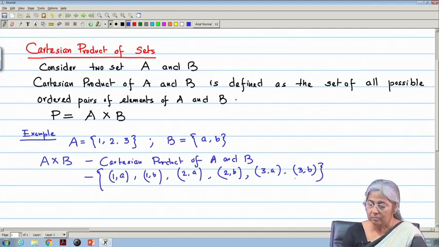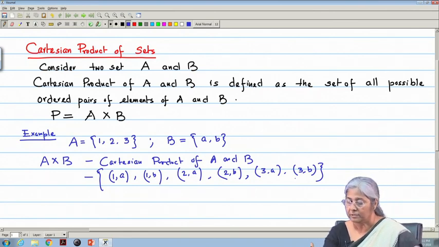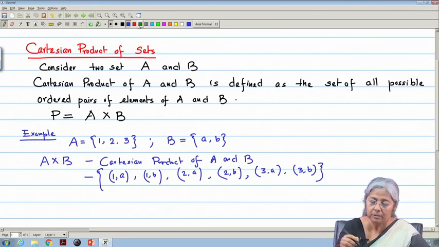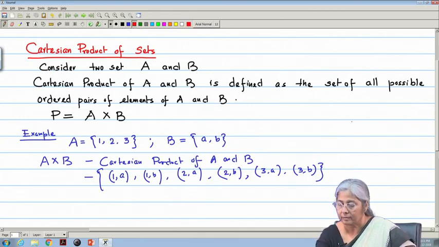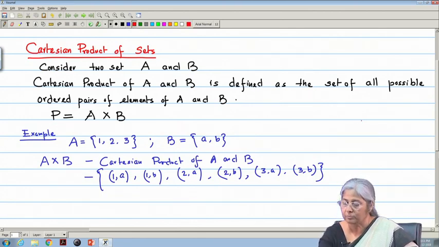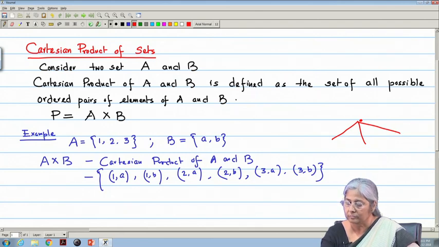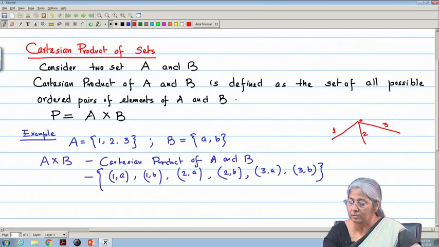And if I give a tree type of structure, say A cross B. So, A has 3 elements, say 1, 2, 3, and B has 2 elements, a and b.